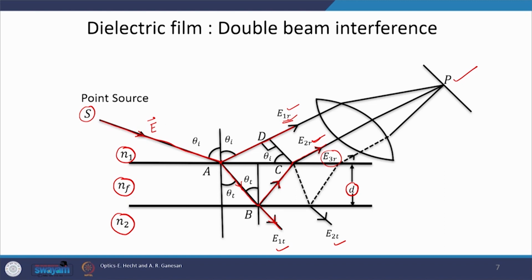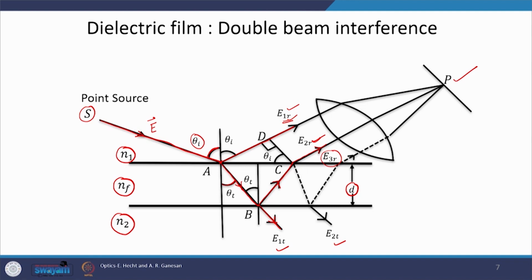We assume that the incident ray falls at angle theta I at the first interface, and the angle of transmission is theta 2. Now, given these conditions, we can calculate the path difference between E1R and E2R.